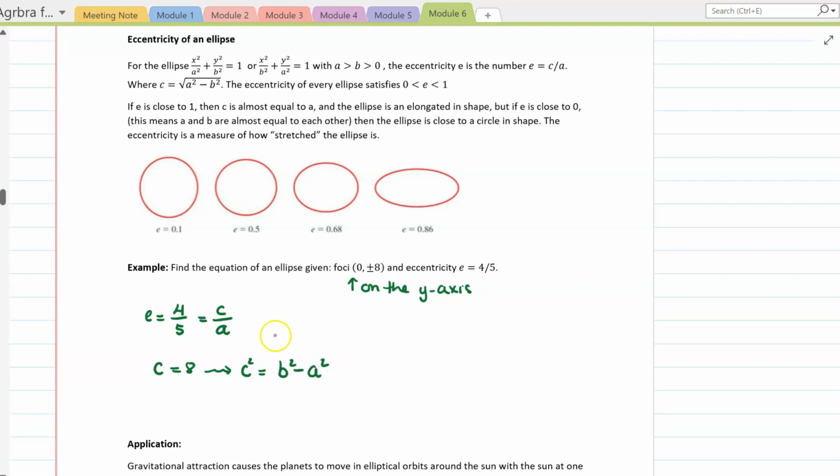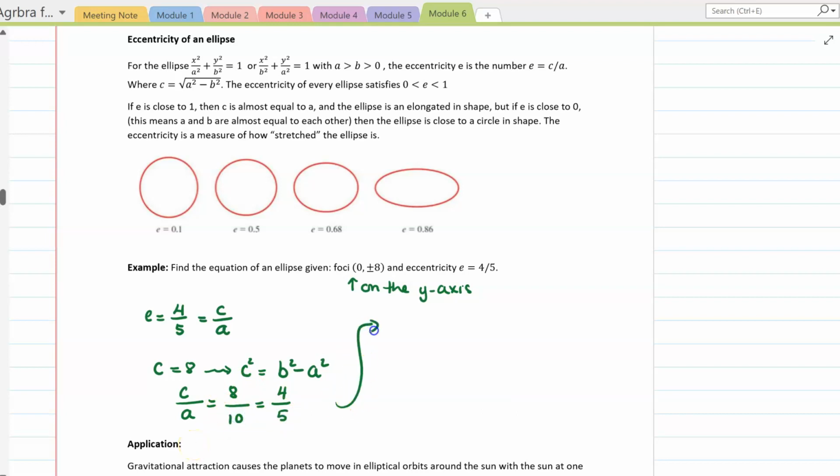If c equal 8 by this ratio, and we start with the ratio simplified to 4, would mean we had divided by 2, right? And then that would mean a here equal 10.